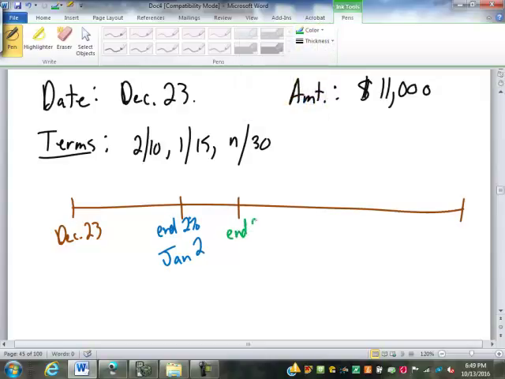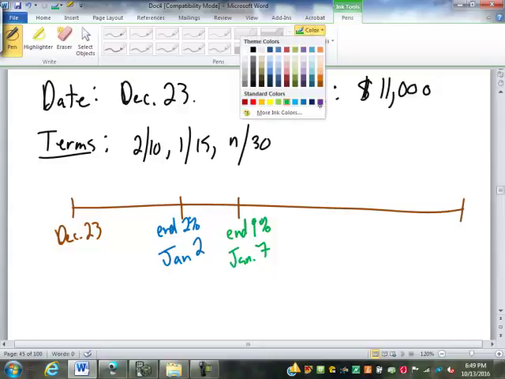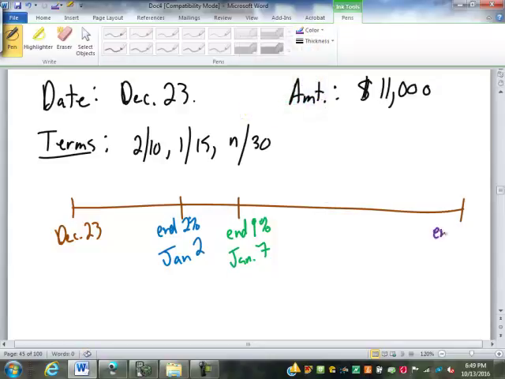The end of the 1% then is going to be when? January 7th. Good. The end of the credit period then will be January 22nd.